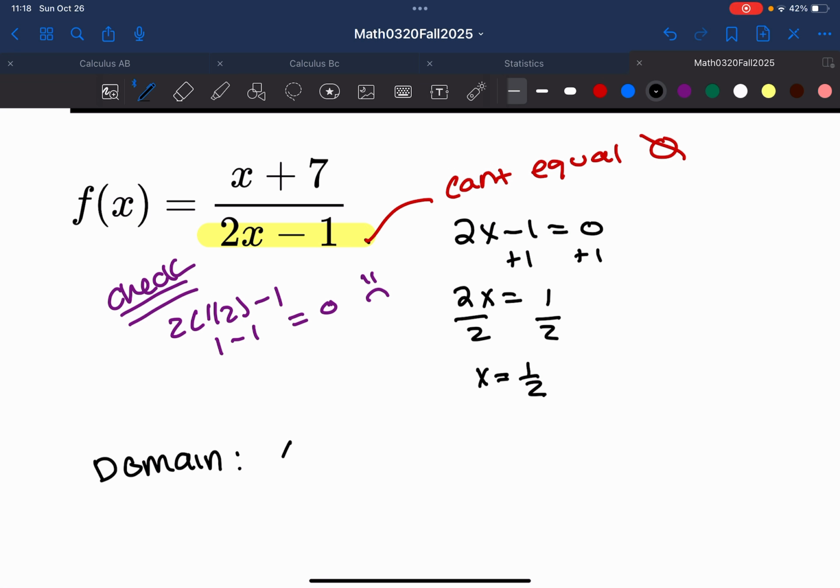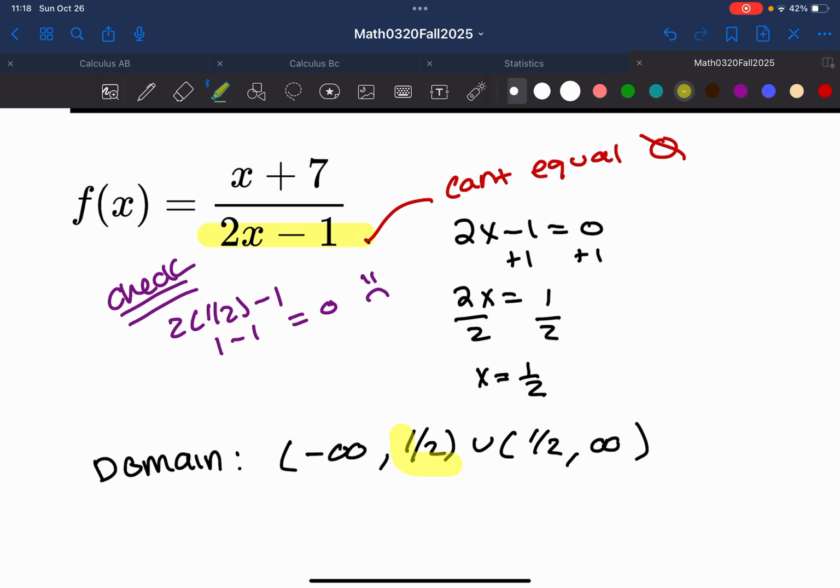So that means my domain is going to be all real numbers, so negative infinity to 1/2 union 1/2 to infinity. So it's all real numbers excluding one value, and that is 1/2.